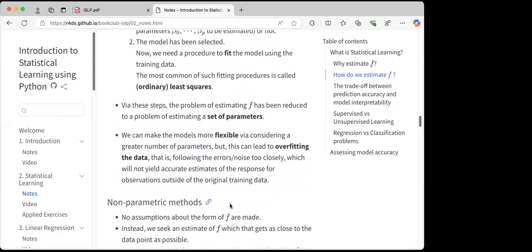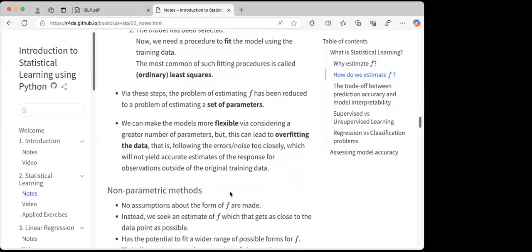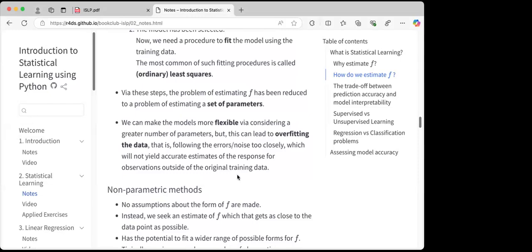When we consider a lot of parameters, we could make the model very flexible, but then we have a problem of over-parameterization or overfitting the data, which could lead to a lot of variability in our model.